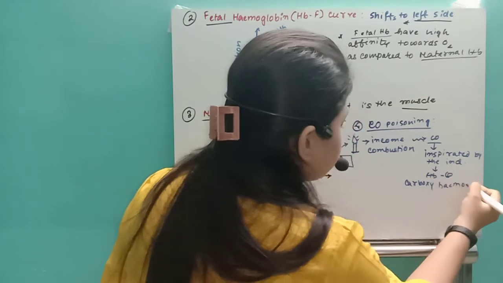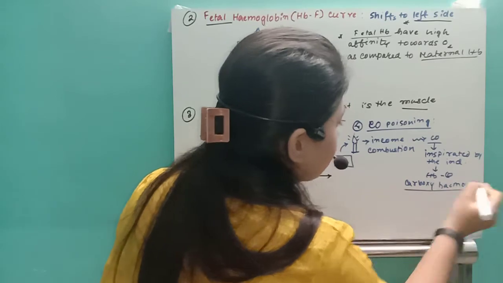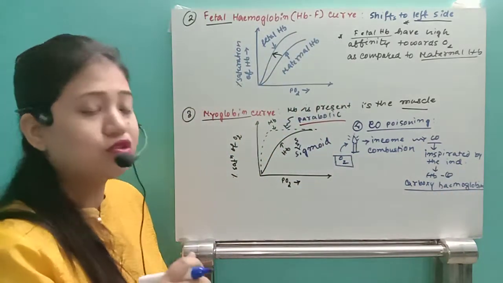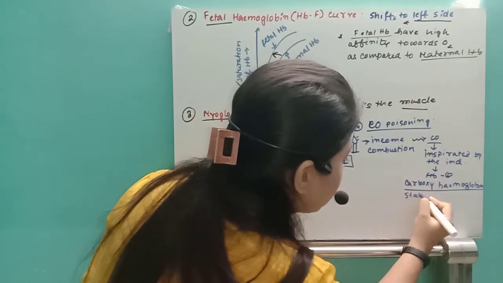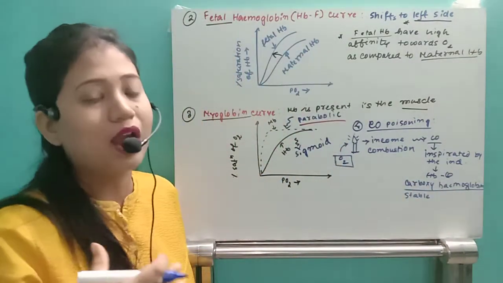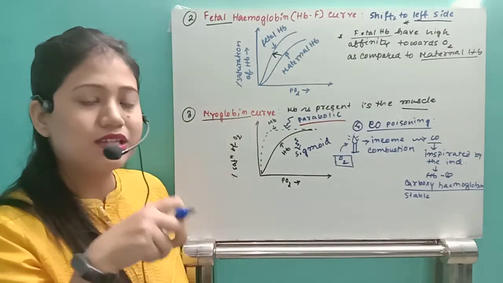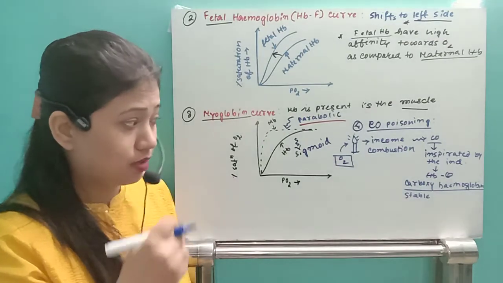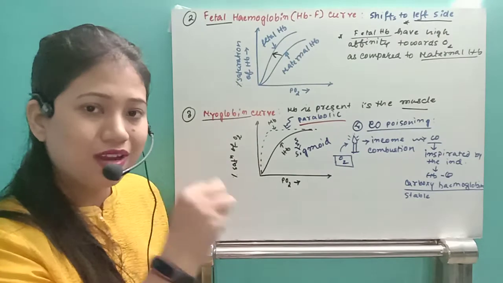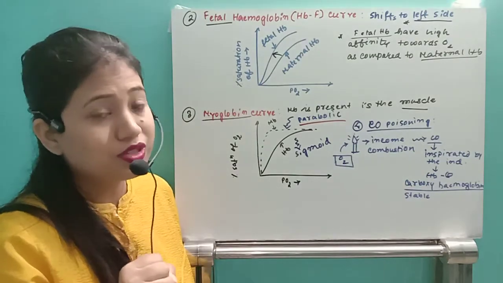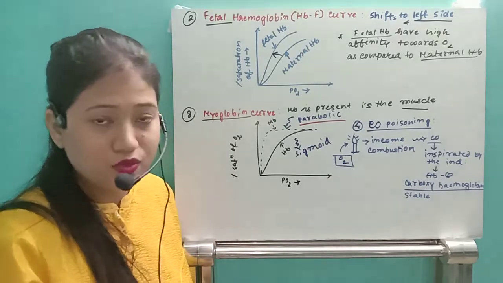Remember, this carboxyhemoglobin is comparatively more stable, more stable as compared to carbaminohemoglobin also. That's why, once hemoglobin binds with the carbon monoxide, it is not going to release. It will not break, it will not dissociate, right?